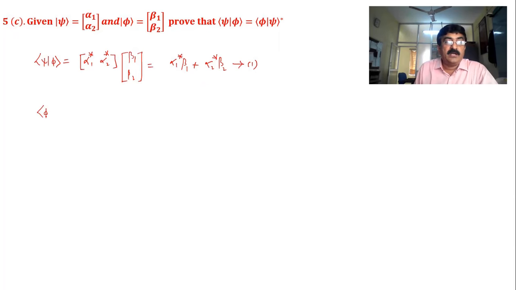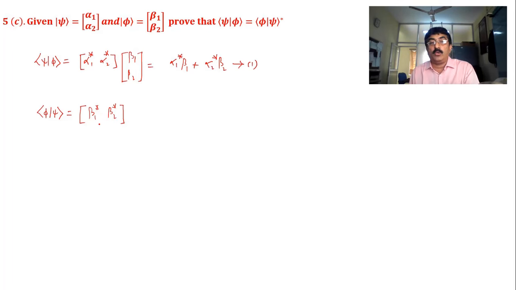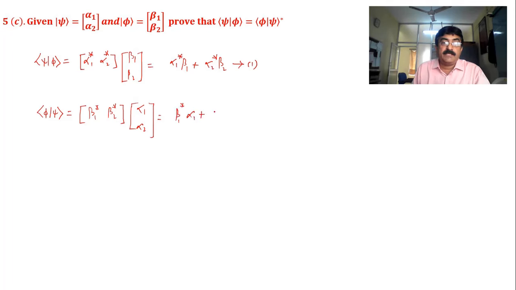Next, I go for phi psi, that is the bra (beta 1 star, beta 2 star), that means ket to bra. Ket to bra, what to do? Convert column into row and then take the complex conjugate. That's what I have done here. And then ket psi remains as it is, alpha 1 alpha 2. So simplify: beta 1 star alpha 1 plus beta 2 star alpha 2.